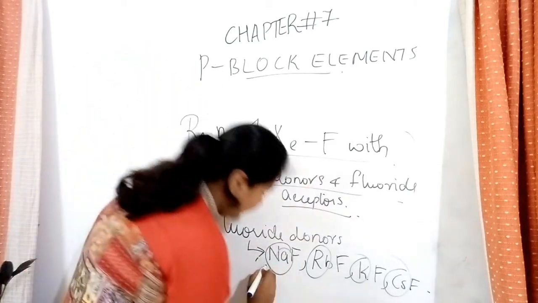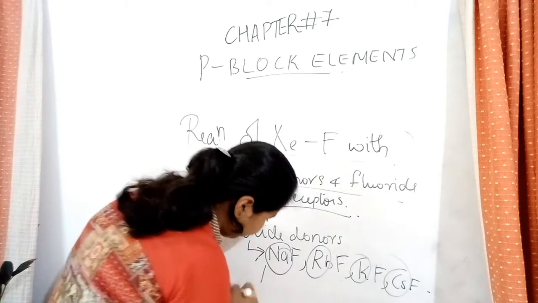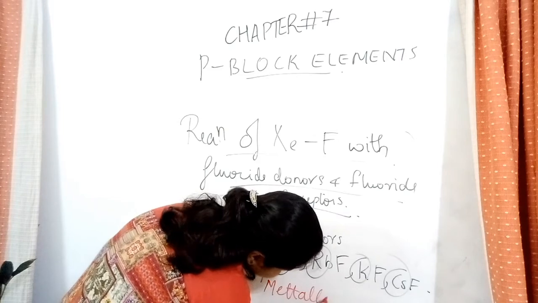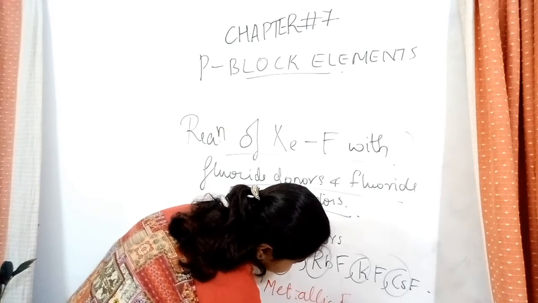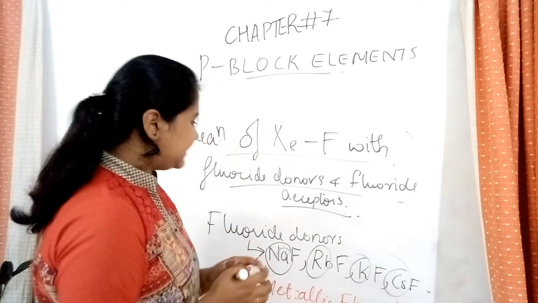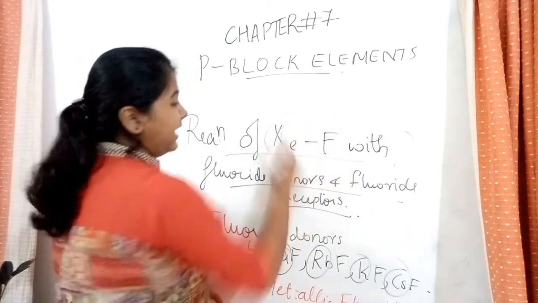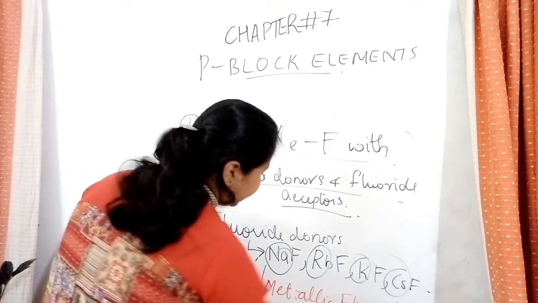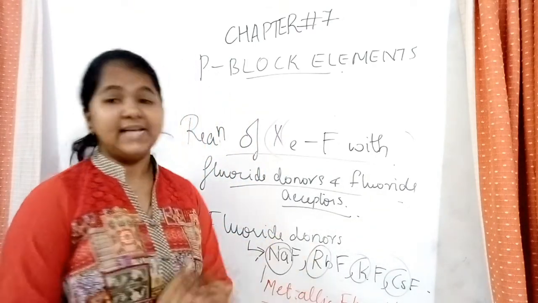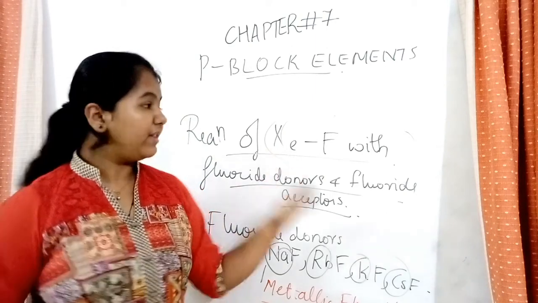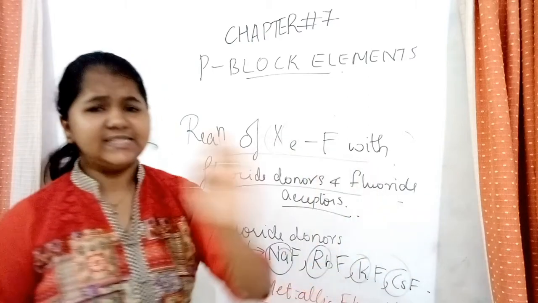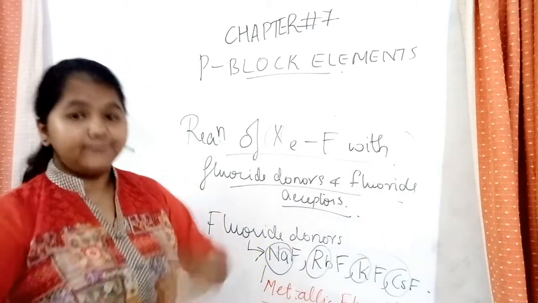So let's write the name. Metallic fluorides. So let's see the reaction between XeFs and metallic fluoride. What happens is these metallic fluorides, when they react with XeF, I told they are donors. They can give something.